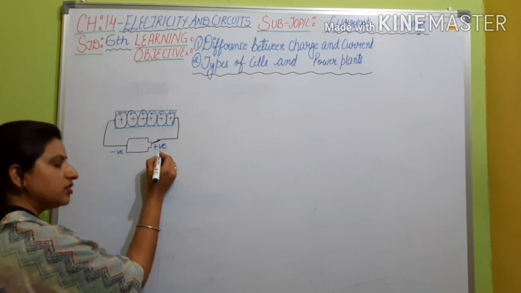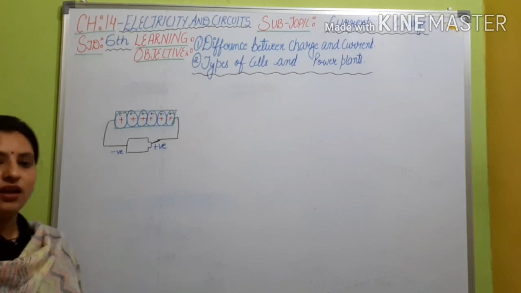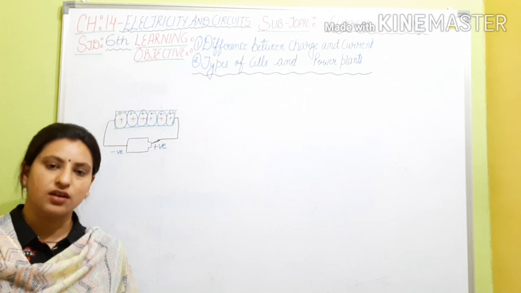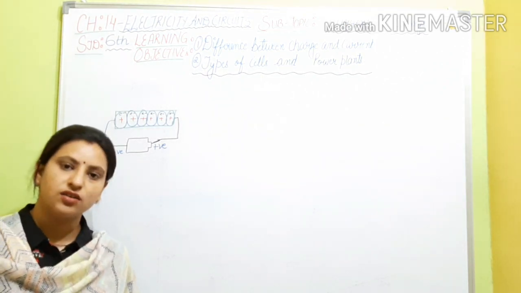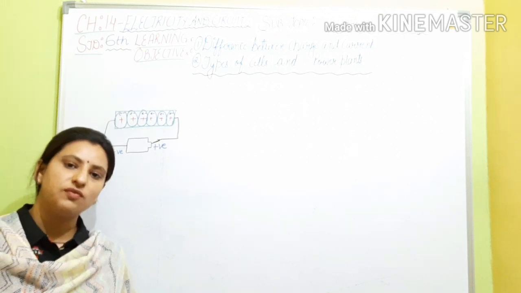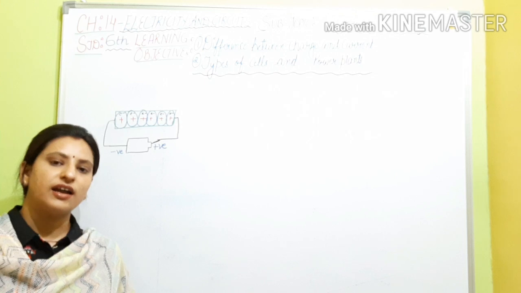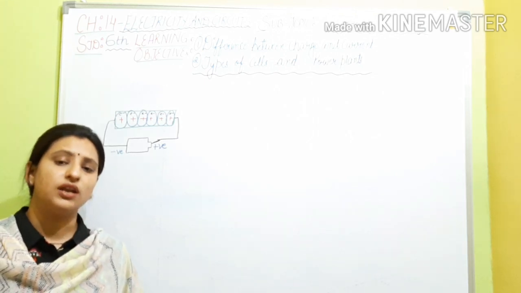So this is the positive terminal and this is the negative terminal. In ancient time, when the electron was not discovered, it was assumed that the current flows from the positive terminal to the negative terminal, because they thought that the positive terminal has higher potential as compared to the negative terminal.